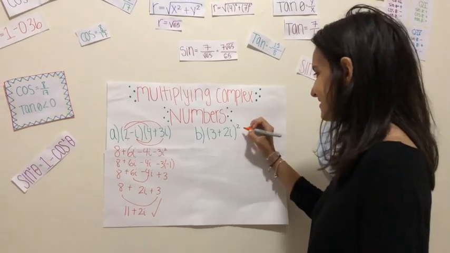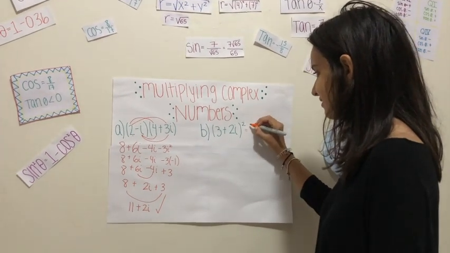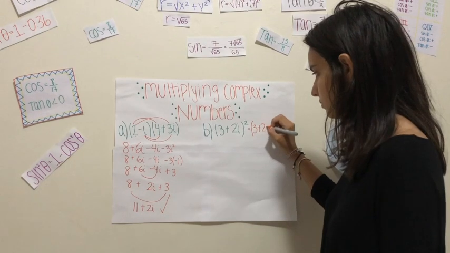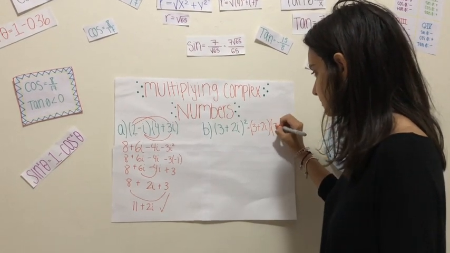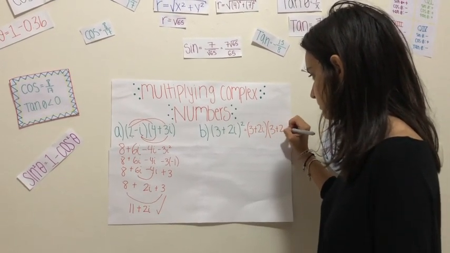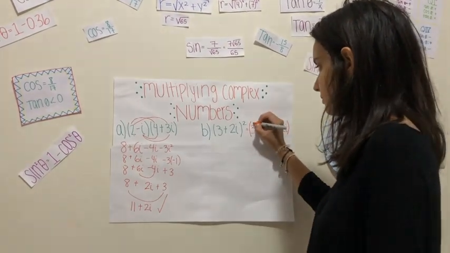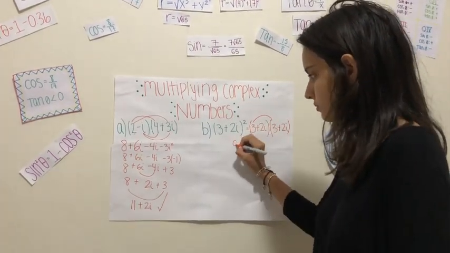Here we have a square binomial, whose answer will be in the form of a squared plus 2ab plus b squared. You simplify the equation and then you do FOIL.